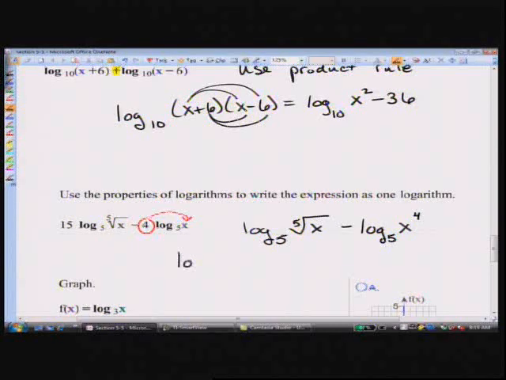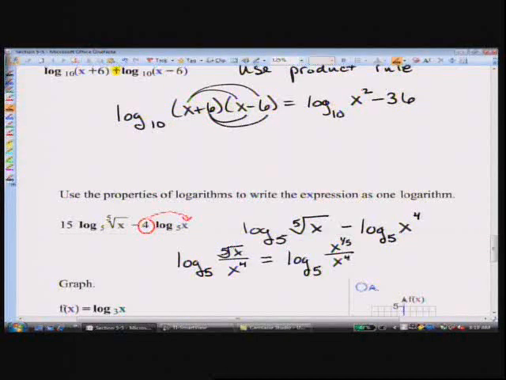Then I'll do log base 5, the 5th root of x divided by x to the 4th. Now, you actually want to clean this up some more. This is log base 5. This is x to the 1/5 power over x to the 4th.